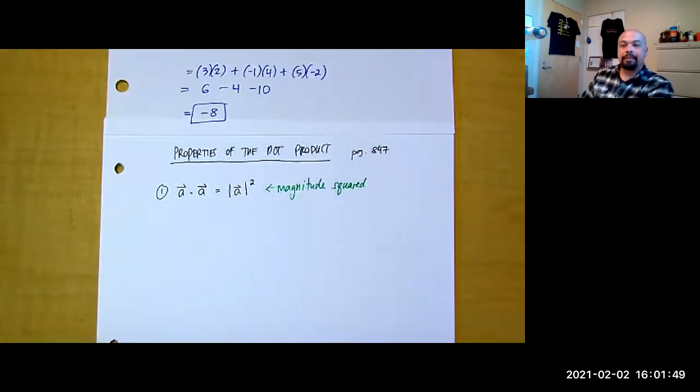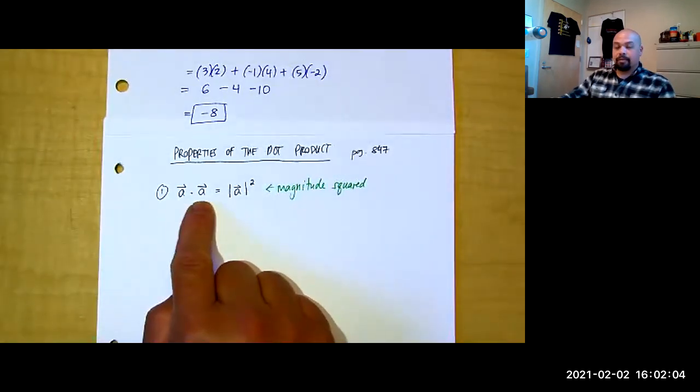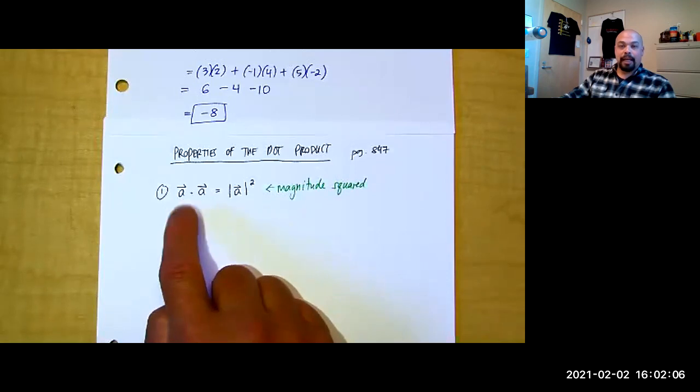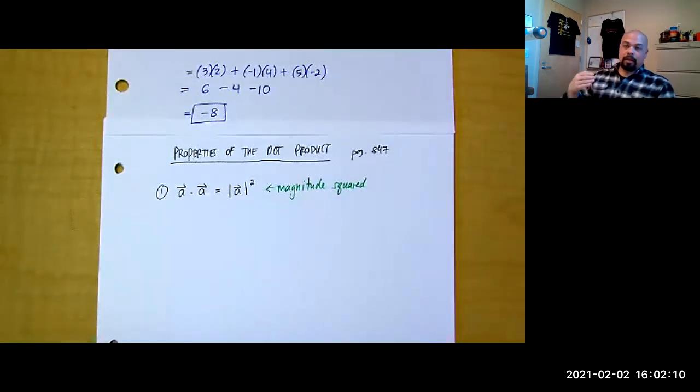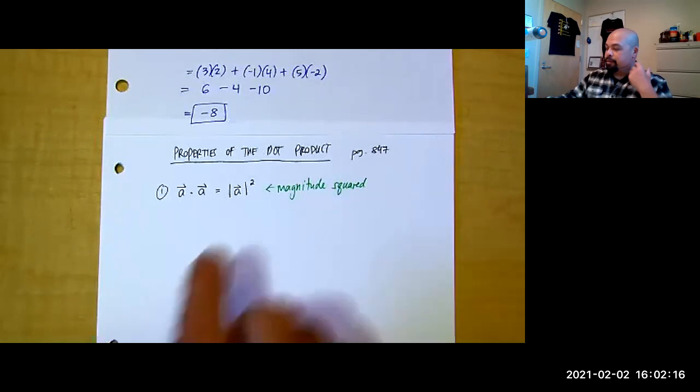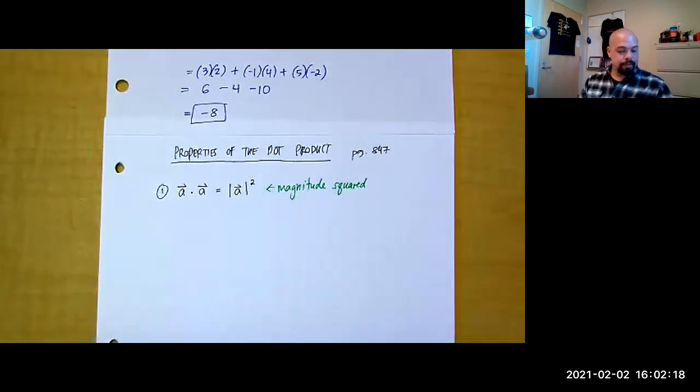Because think about that magnitude calculation, the square root of a sub 1 squared plus a sub 2 squared plus a sub 3 squared, those components squared. When I dot something with itself, a1 times a1 plus a2 times a2 plus a3 times a3, that's a1 squared plus a2 squared plus a3 squared. We just don't have the square root, so there's our magnitude being squared.